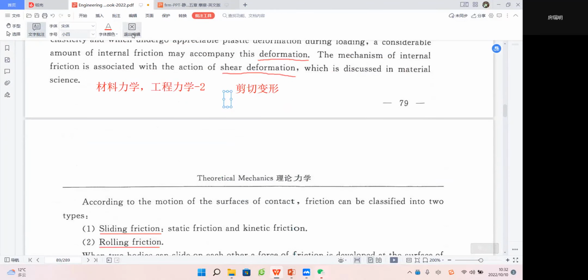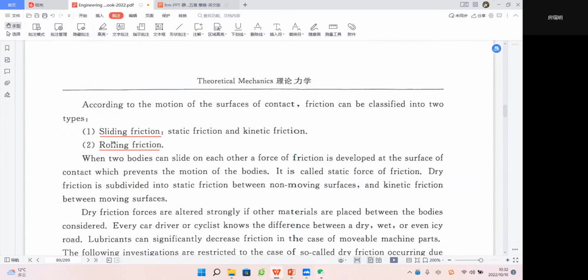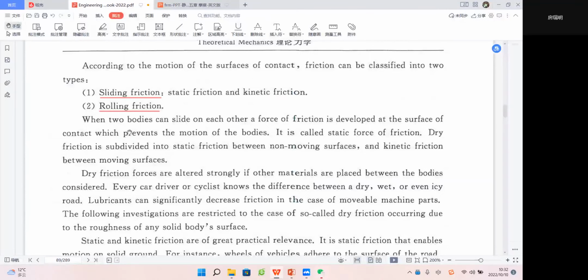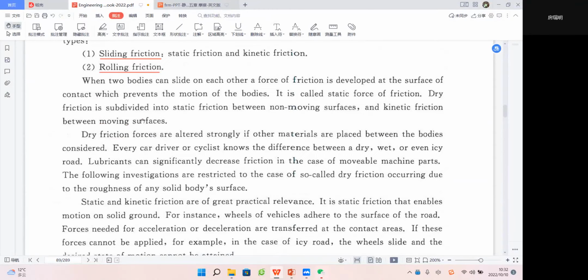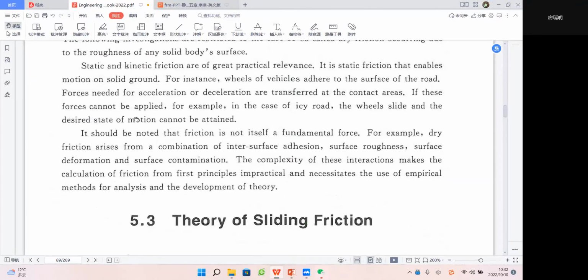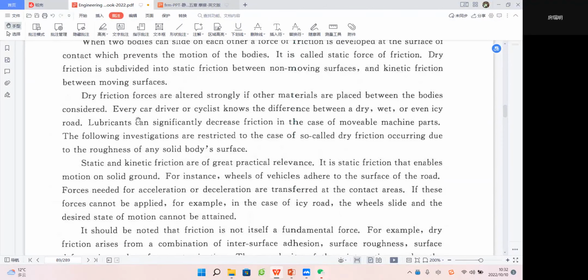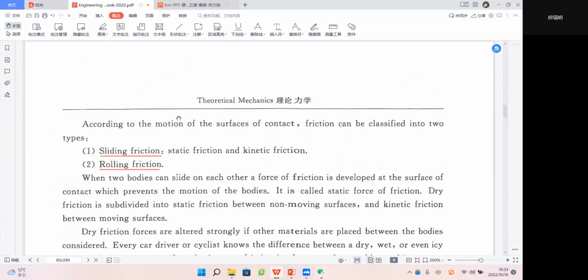So we'll move on. We also have sliding friction and rolling friction. Because of time, I will not read all the sentences for you guys. So maybe you guys can take your time after this class and read this whole chapter by yourself.